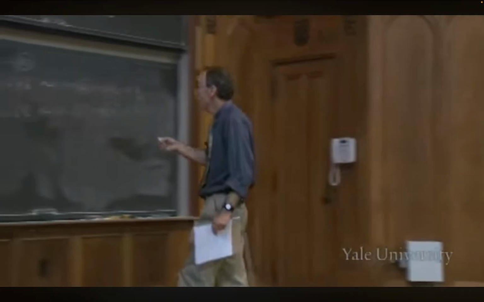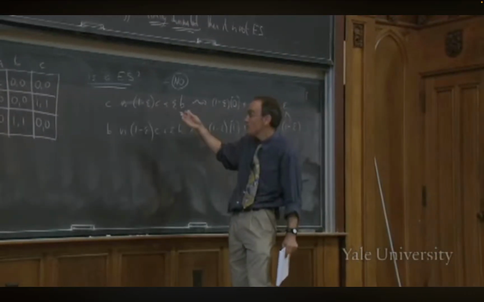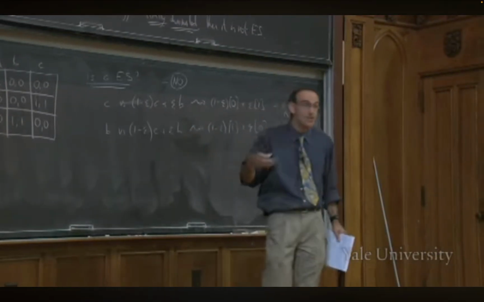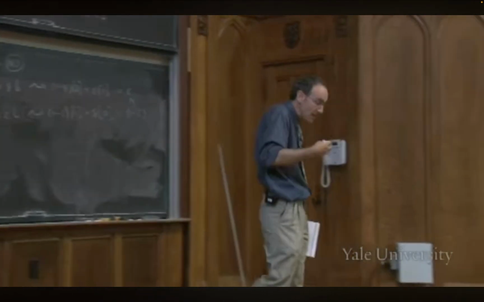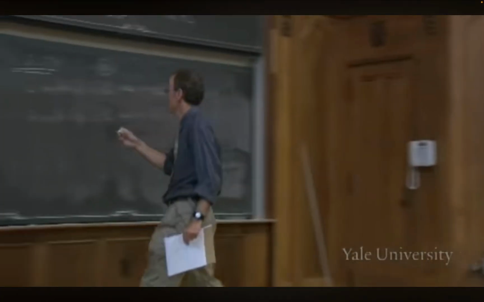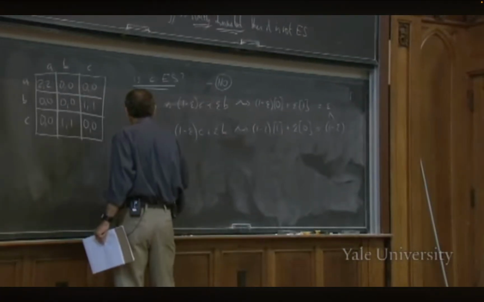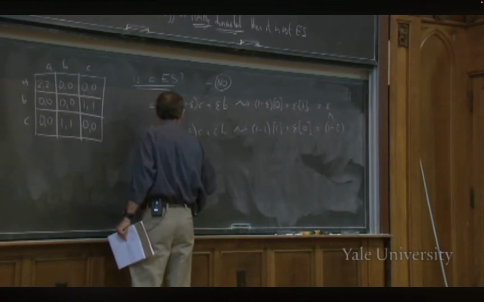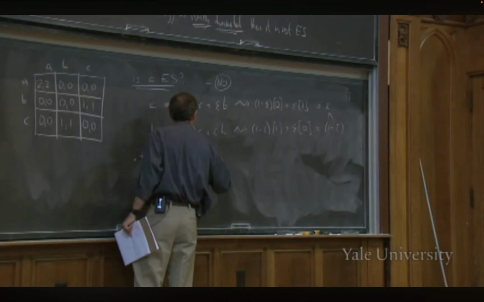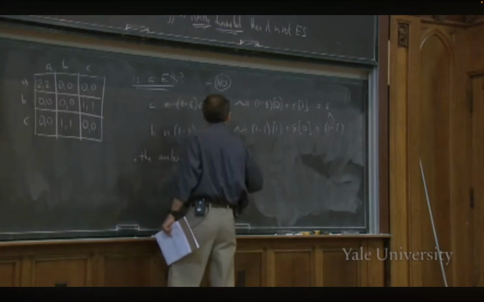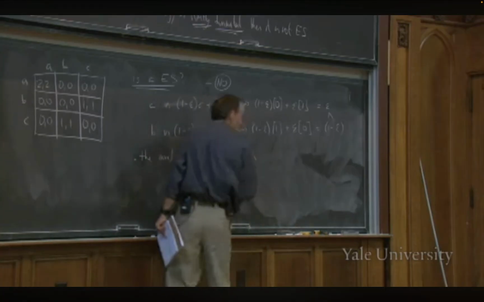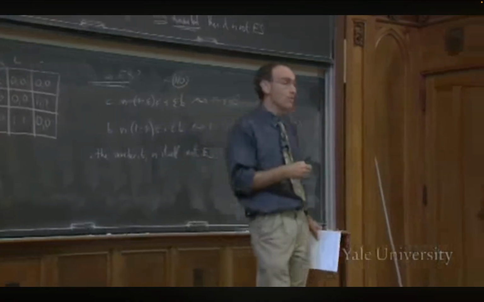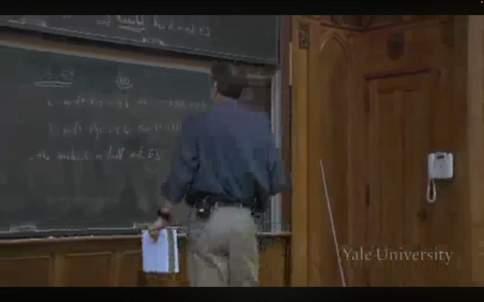So even though we're arguing that C is not evolutionarily stable because it's invaded by B, it doesn't have to be the case that the successful mutant is itself evolutionarily stable. Right? So in this particular example, the invader, namely B, is itself not evolutionarily stable. Nevertheless, it doesn't die out when it invades a population of Cs.